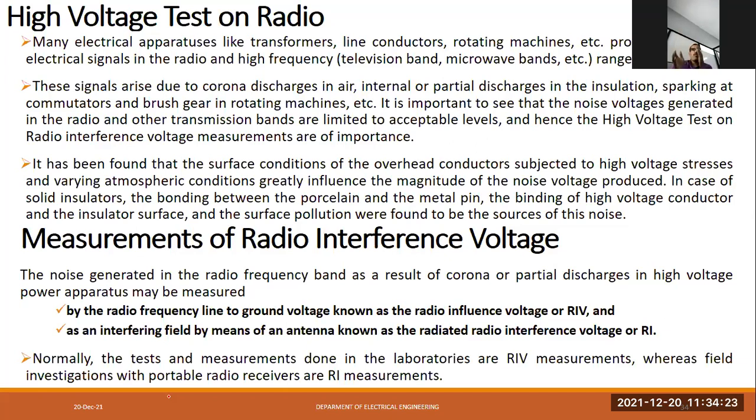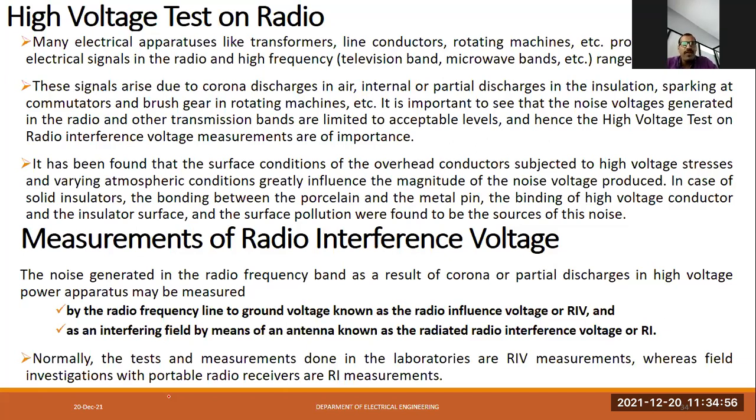Whatever the ranges of these frequency elements or devices are, they will also be generated in our electrical apparatus. The signals increase due to corona discharges in air, due to partial discharges in insulation, or due to sparking at a commutator or the brush gear in a rotating machine.